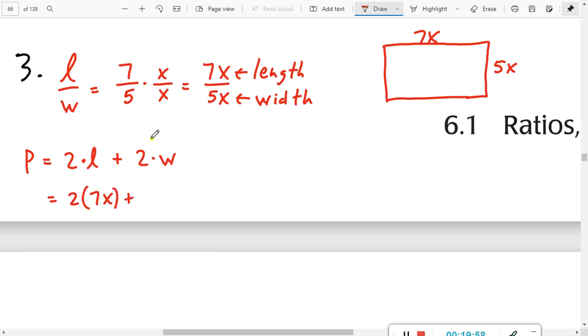And 2 times the width is 2 times 5x. All right, so that's going to be 14x plus 10x. That's 24x. Now that equals the perimeter, P.